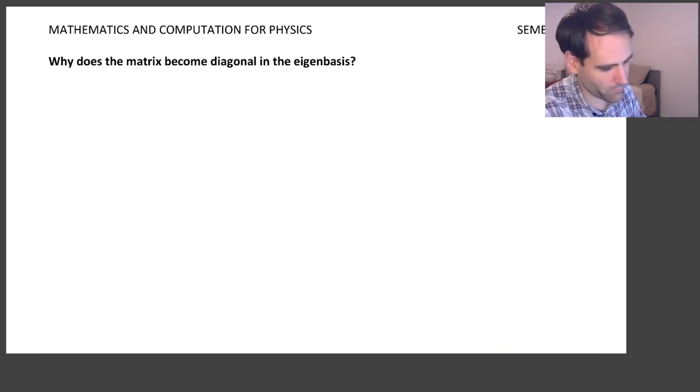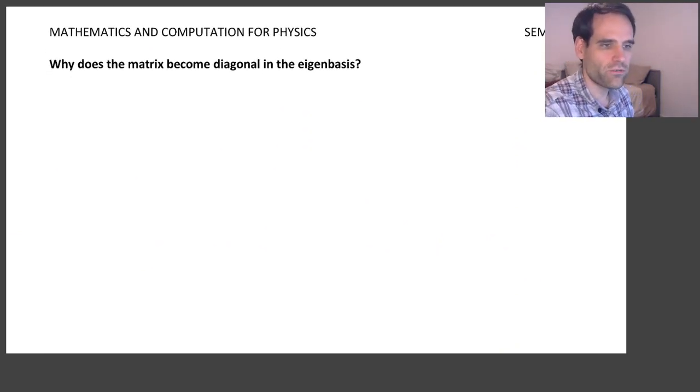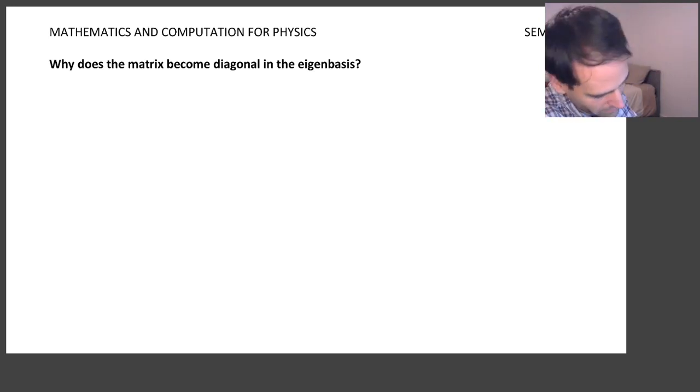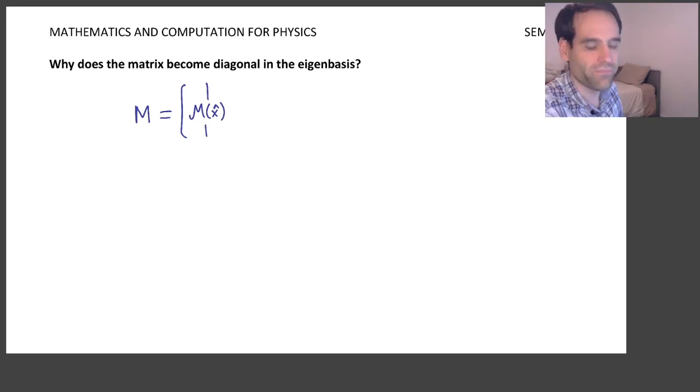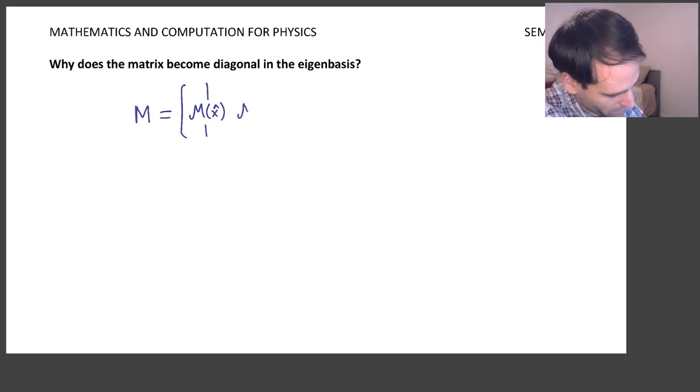Why does the matrix become diagonal when you write it in the eigenbasis? So let's remember back to the first part of matrices, when we were learning how to write matrices as linear transformations. So the matrix M represents the linear transformation M applied to x hat, and that was the first column of M. And then the linear transformation M applied to y hat, and that is the second column of M, right?